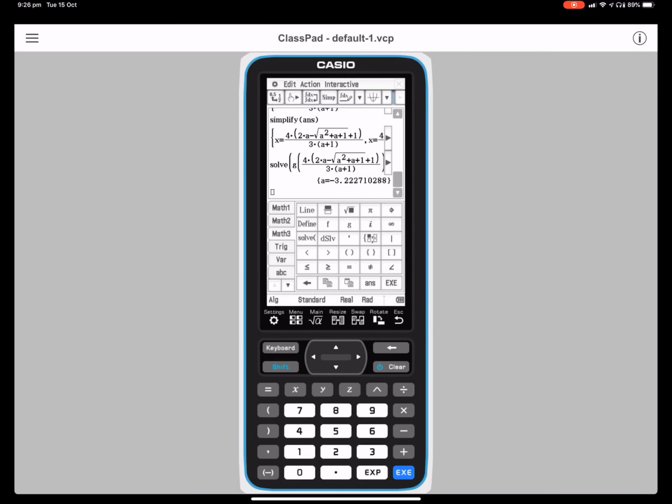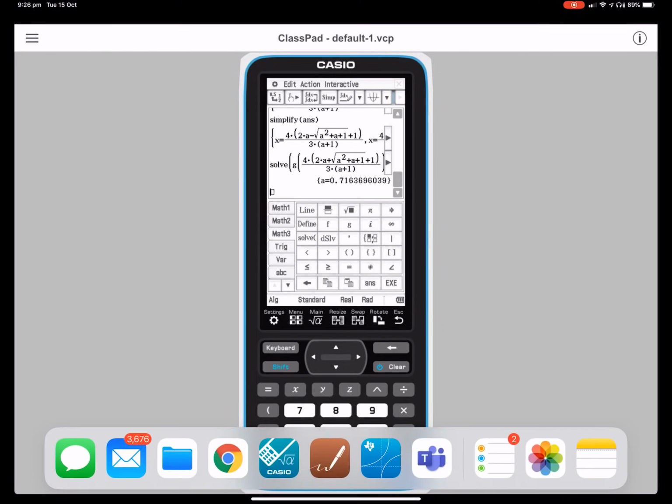Okay, so you actually want G. Let's try plus because it can't be negative. Okay, 0.716.